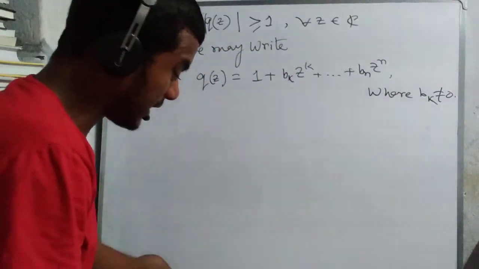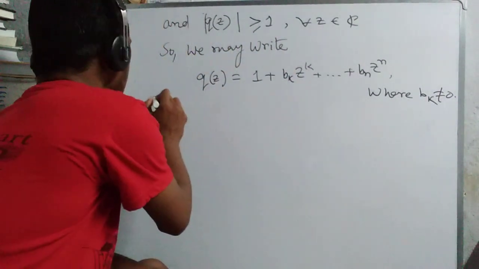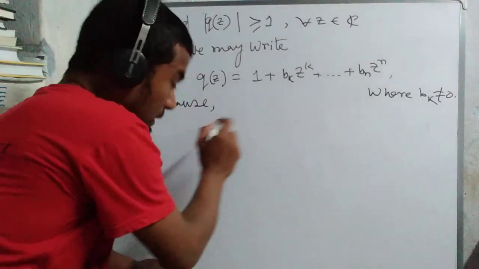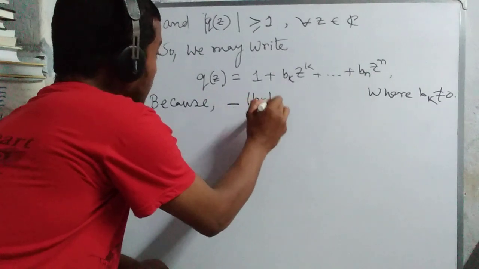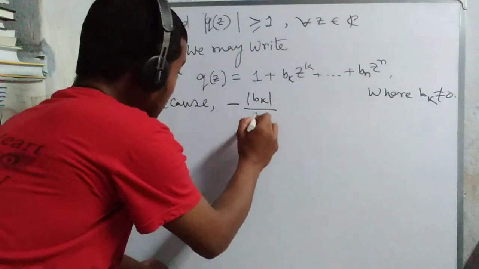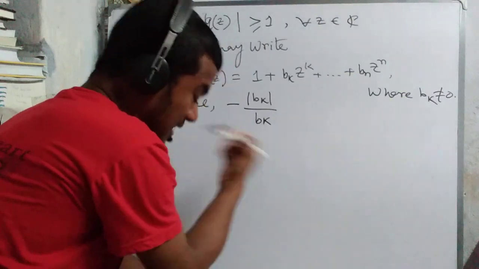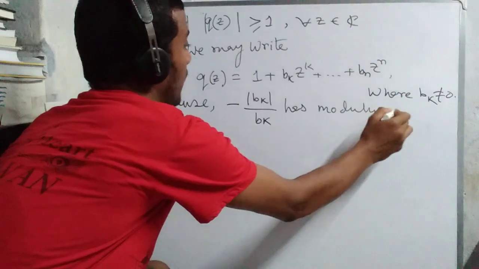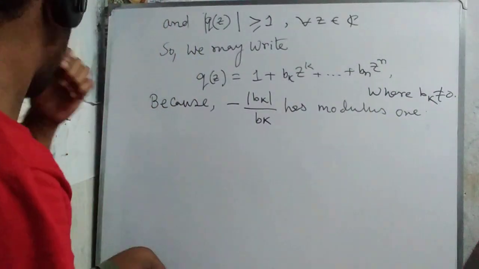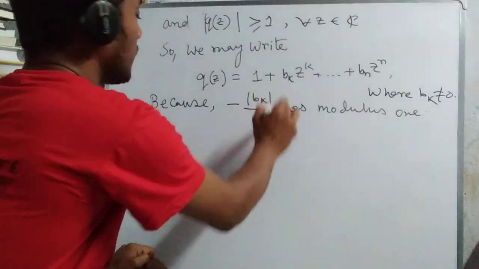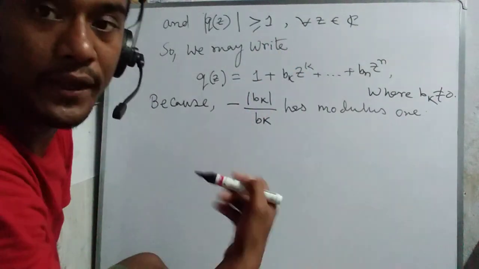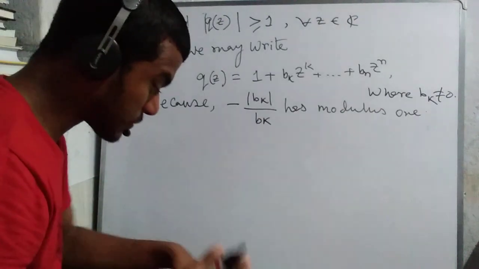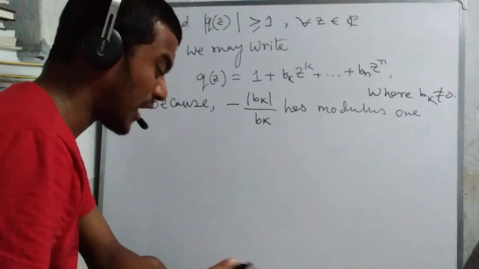Then what do we write here? We write it this way, because minus modulus of b_k by b_k has modulus 1. Why modulus 1? Because the modulus of b_k divided by the modulus of b_k has the same numerator and denominator, so the modulus is 1. Understood or not? All are understood, I think.